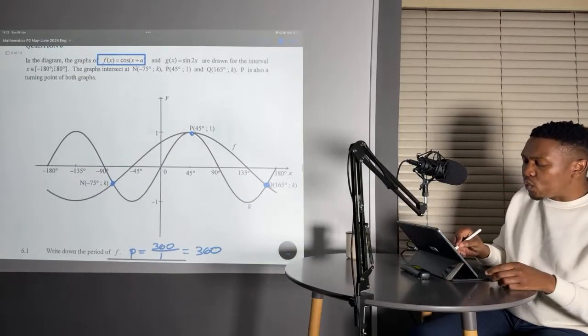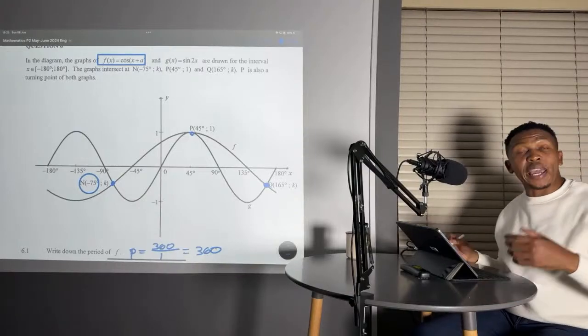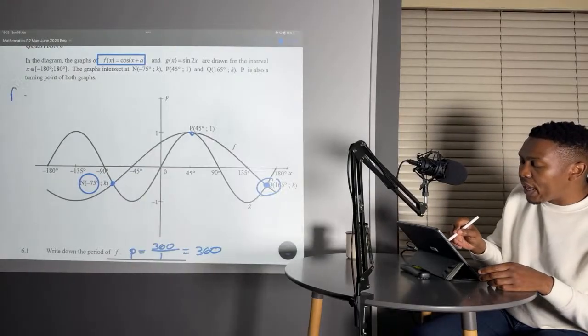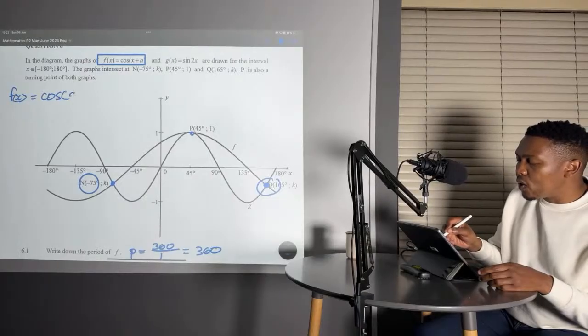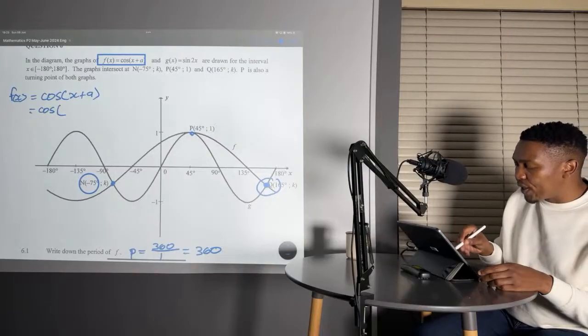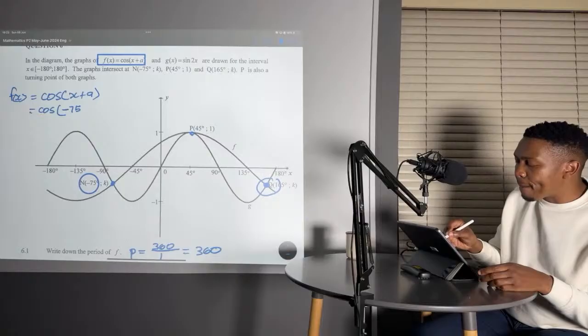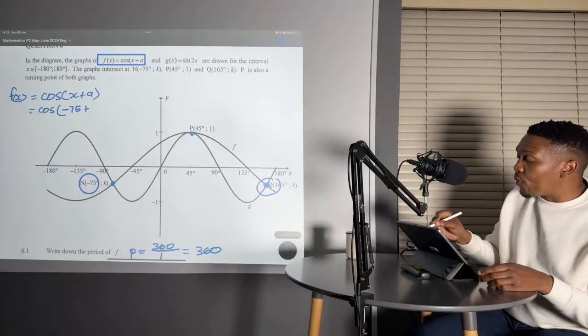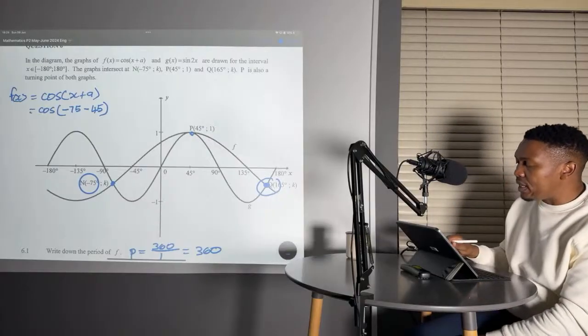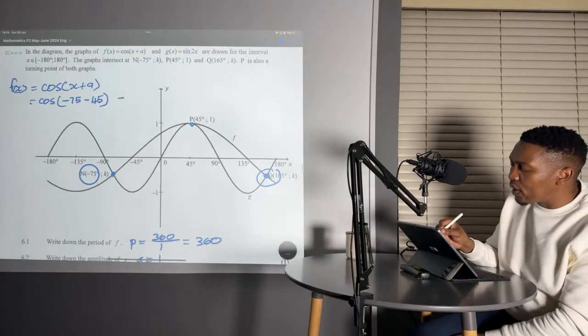I could have substituted the X value at N or the X value at Q. Now notice, this is f of x, that's cos of x plus A. Now what's the X value at N? That's cos of negative 75 plus, remember we've already found out what the value of A is. We said that's minus 45. But what is it equal to? This is equal to K.